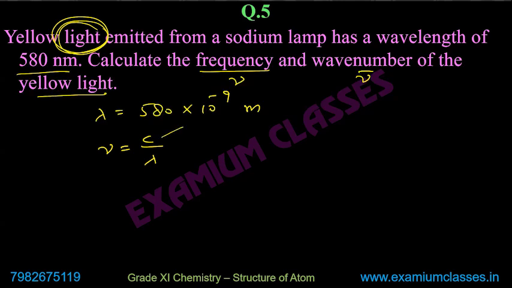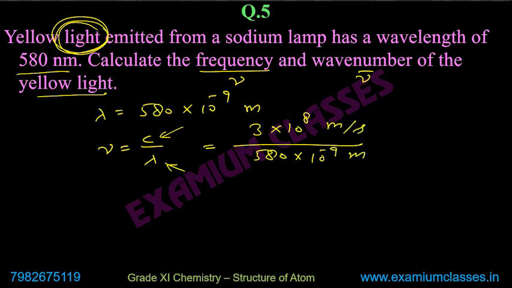So substitute the values and get the answer: 3 into 10 to the power 8 divided by 580 into 10 power minus 9 meters. And wave number will be just 1 divided by lambda.